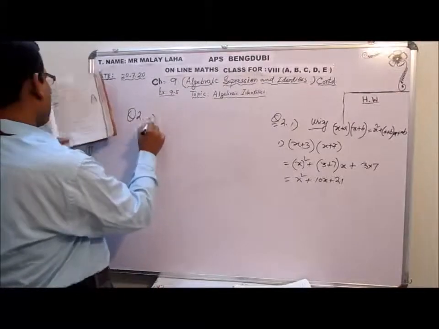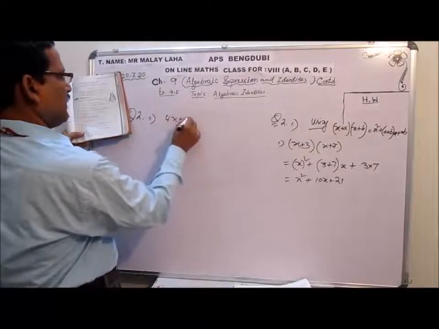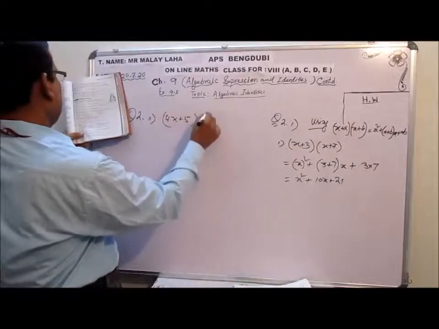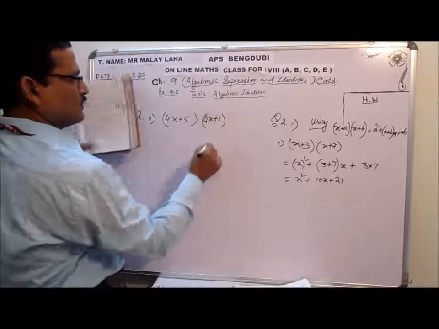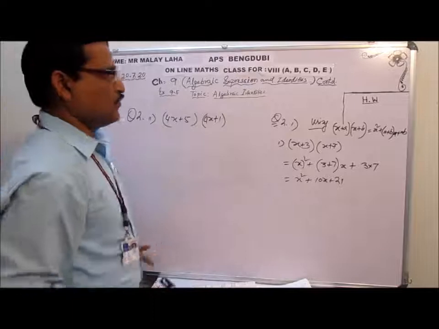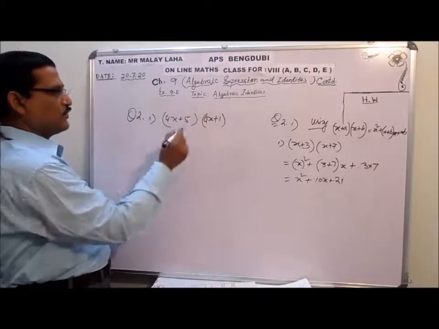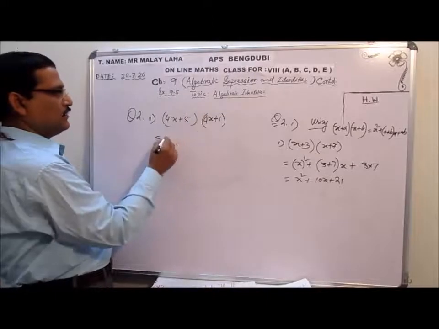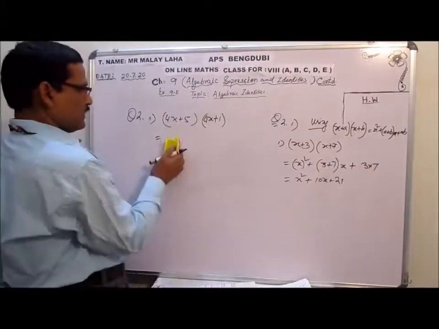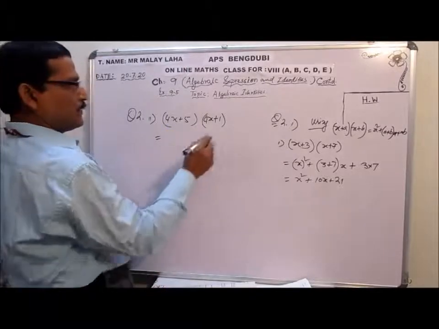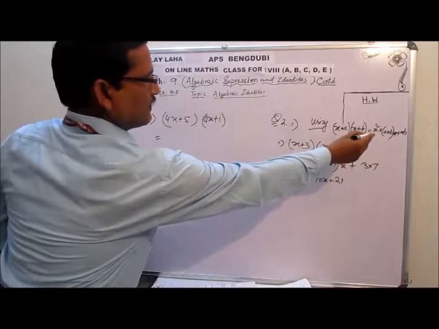So number 2, part 2, it will be (4x + 5) into (4x + 1). In all cases, the question instruction is common. For all questions, you have to follow the same identity, so that's why I need not write it down here. Here x is 4x, so x square plus (a + b) into x plus ab.